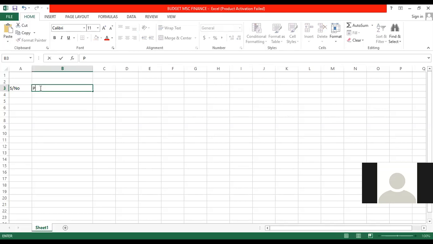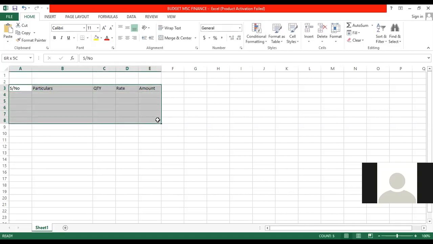Let's write particulars. Another column will be quantity. Another can be rate. And this can be the amount, the total, very good. Now, these are the simple headings that we have.